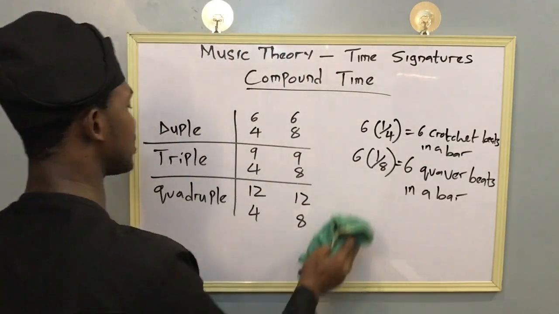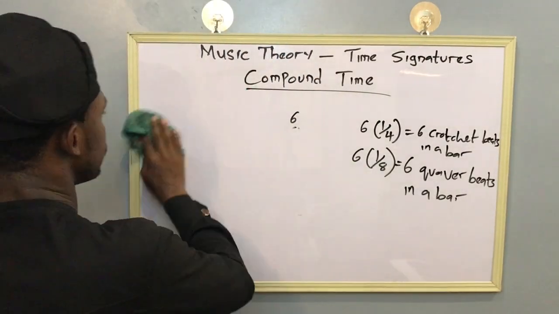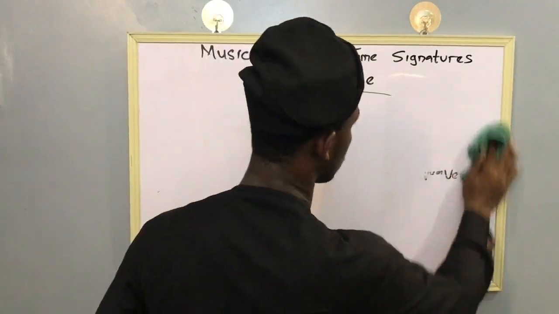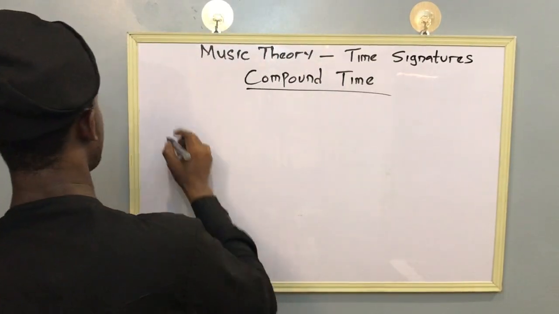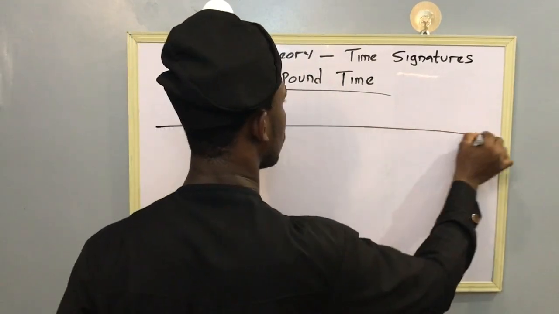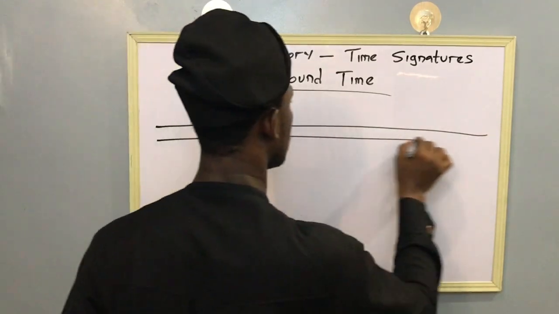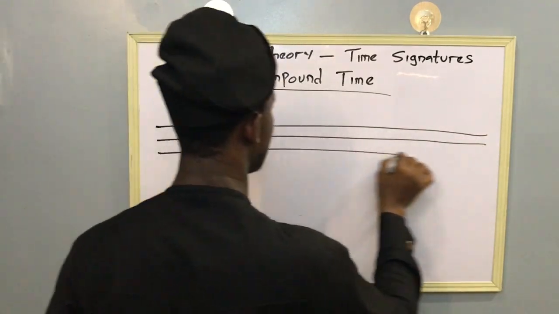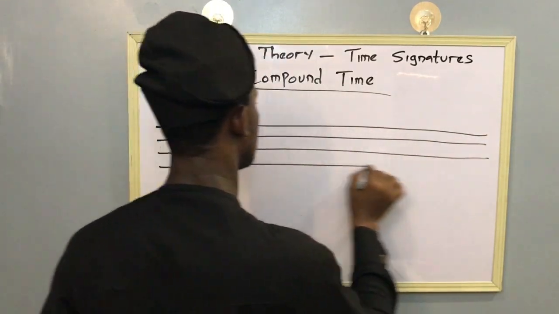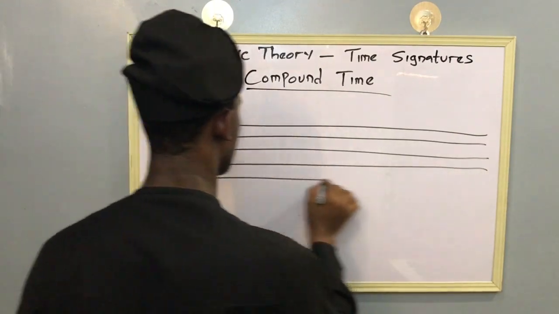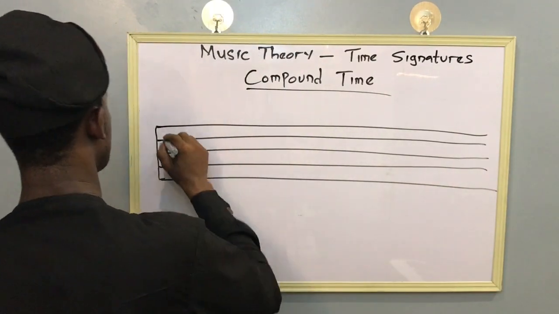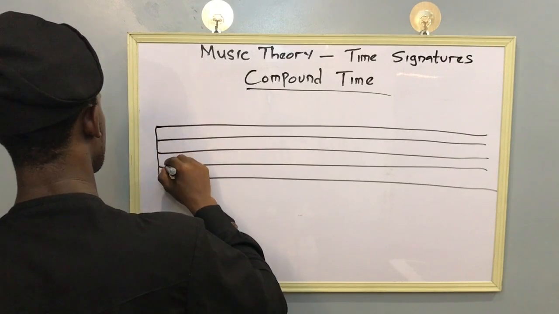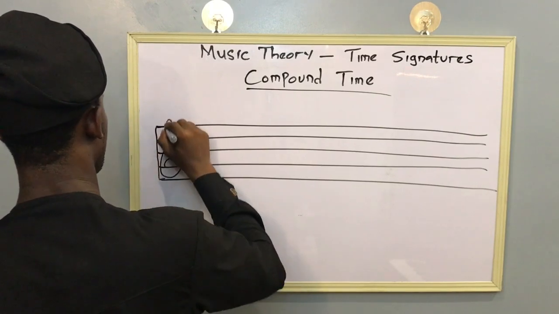So when we want to represent this on a staff, for example, we have to really appropriate that. Just for the fun of it, let's just draw a clef here.